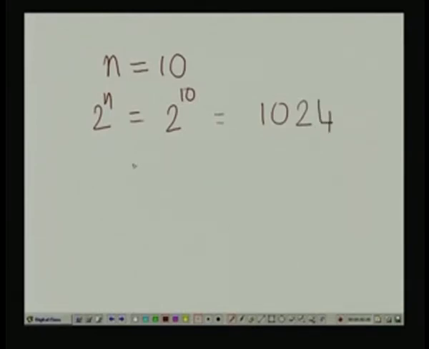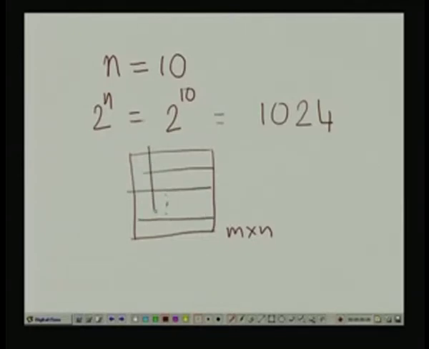So, the size of the K-map table, if it is m by n, then m into n should be 1024.